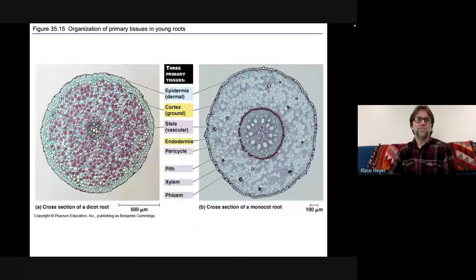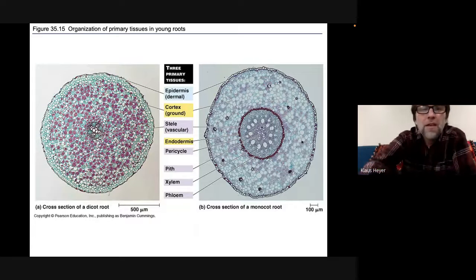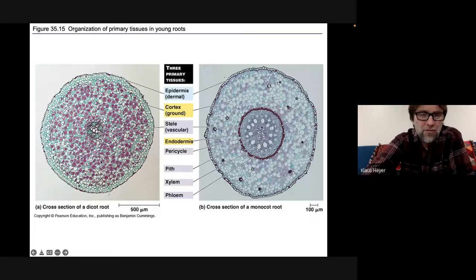Here's just some pictures. So this is a root. In the root, the vascular tissue is often in the middle. So there it is. And over here, we got the same thing. So you could see dermal.